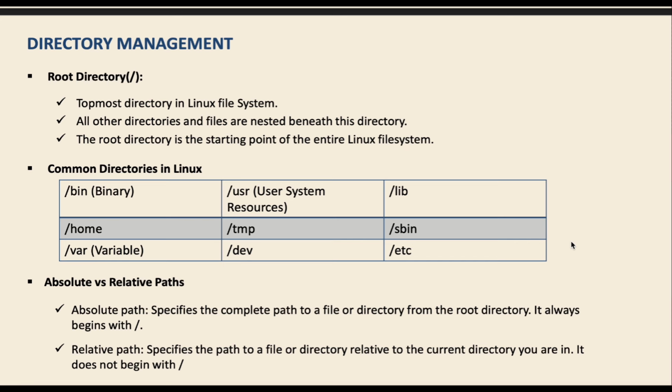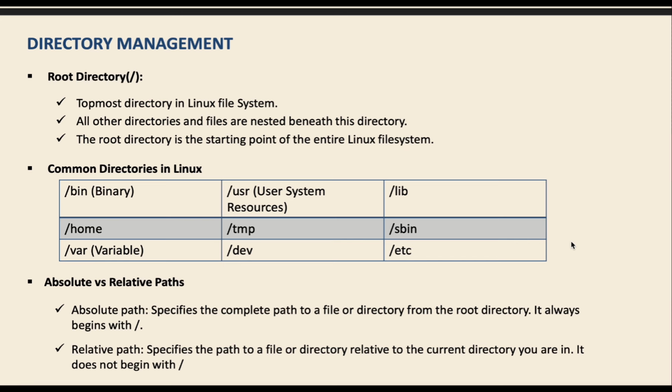The next one is /dev. That contains device files that represent hardware components like hard drives, terminals, and other peripherals. The next one is /lib. This stores the essential shared libraries needed by the programs in /bin or /sbin to run.